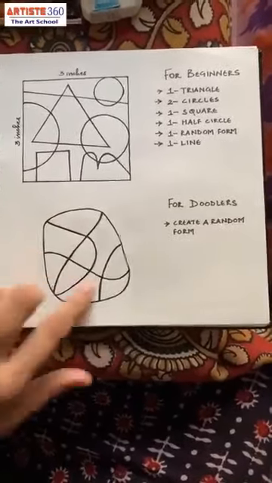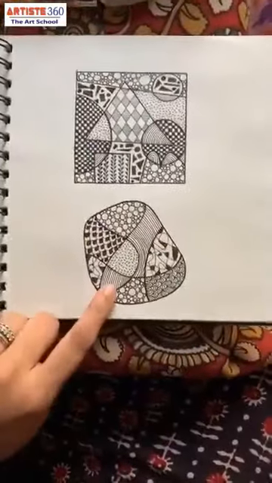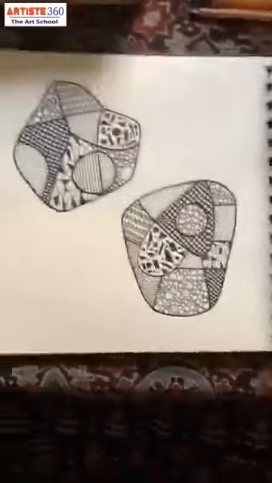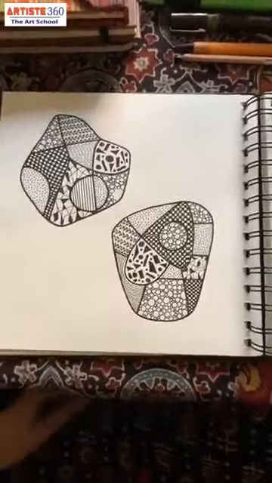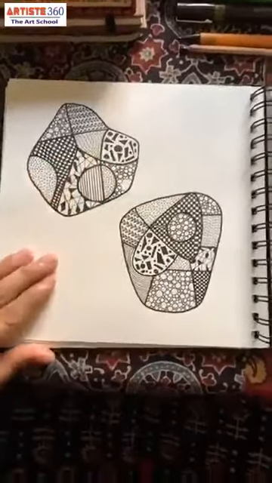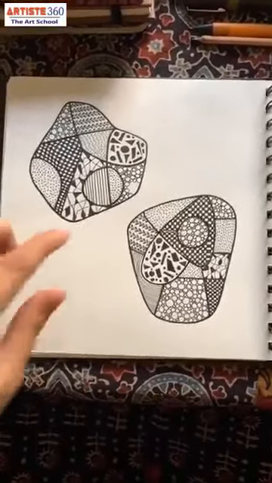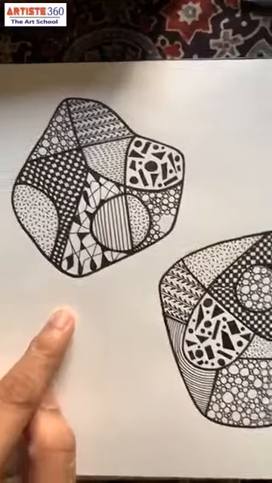So this is just an example. Like I showed you all, this is what you achieve, right? And these are other examples of formless forms. See, they all look beautiful, but you got to practice it. You can achieve this level of perfection only when you practice.